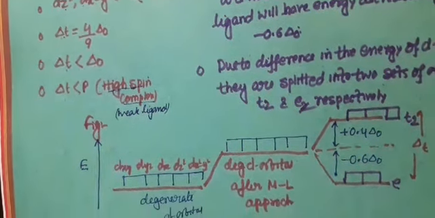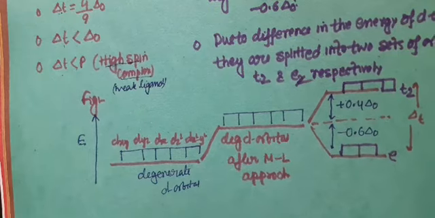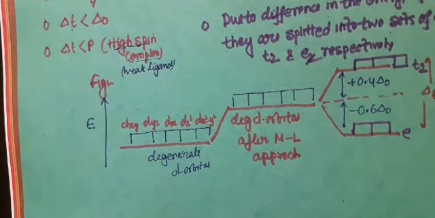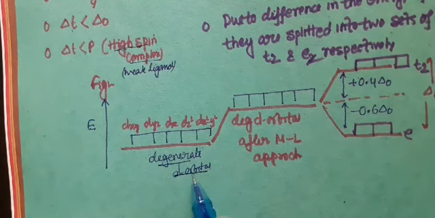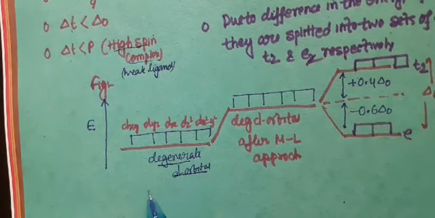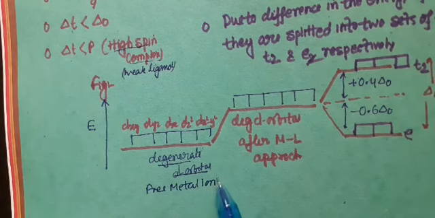At first you can see that there are 5 d orbitals and all the 5 d orbitals have equal energy, and this is known as degenerate d orbitals or degenerate state. This is the condition when the metal ion is not approached by the ligand.